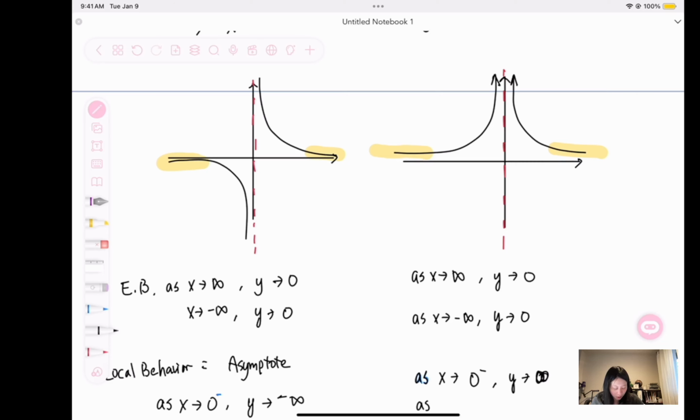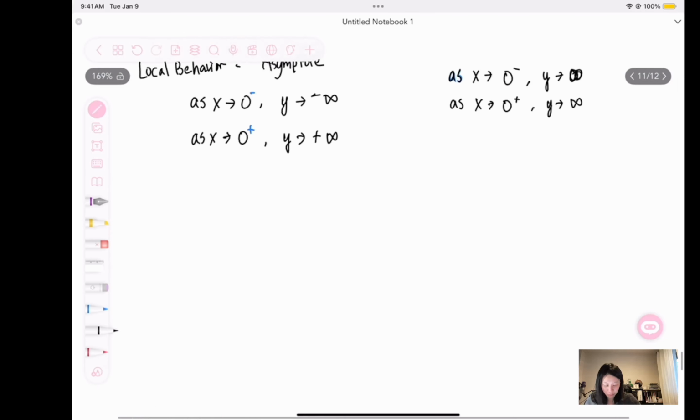And if x is coming from the right, going to 0, y keeps going up, really trying to approach 0, and y goes to positive infinity. So that's the notation. Now, let's do some practice.